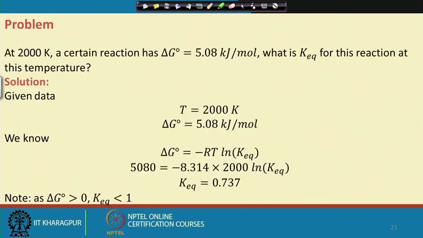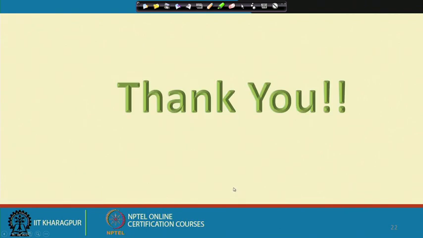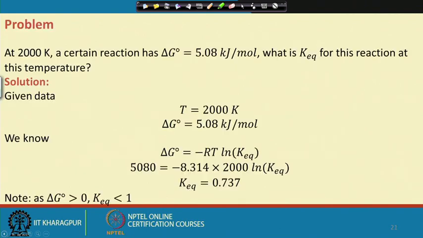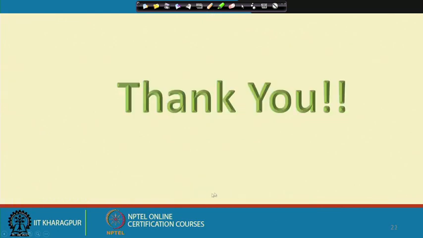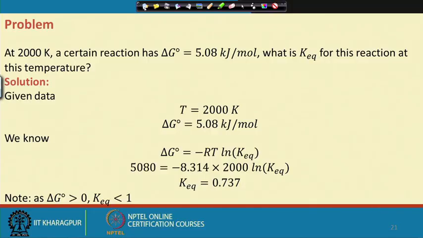In this problem, it is clear that K is less than 1, so del G should be positive. So this is quite relevant to what we told you previously.